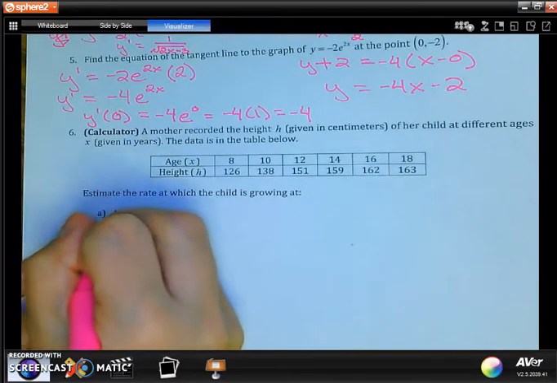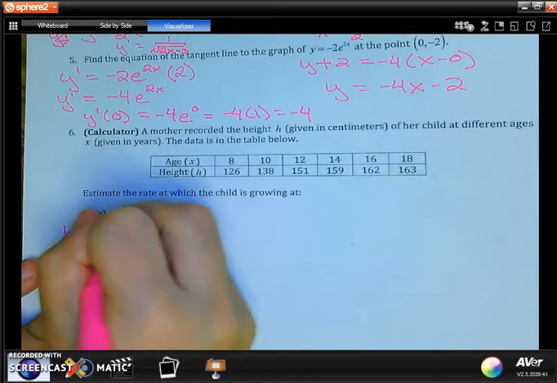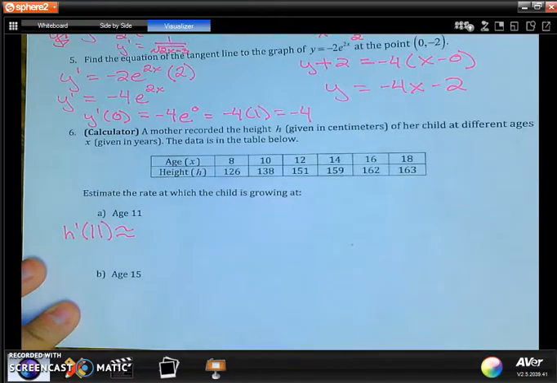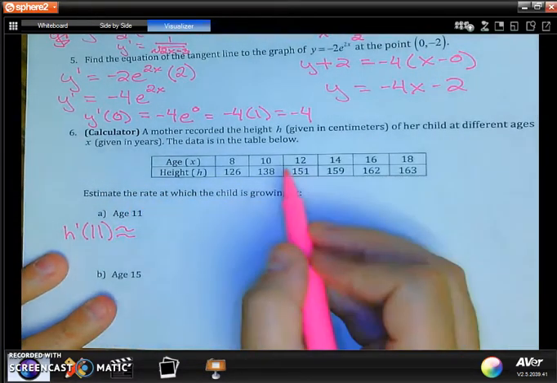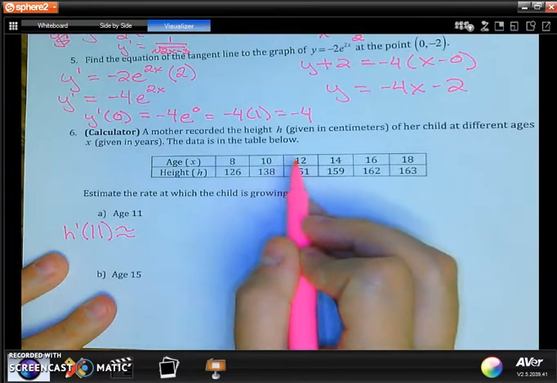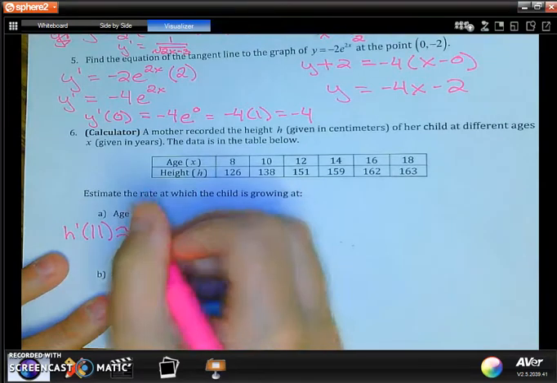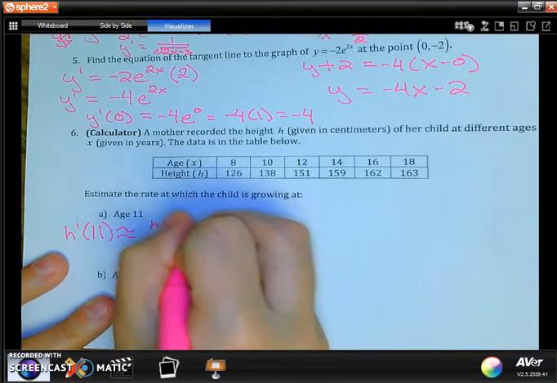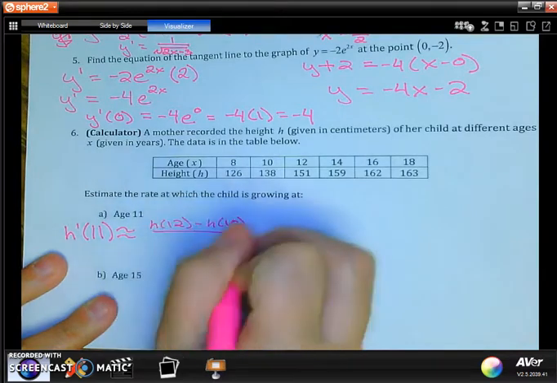So h, I'll call that h for height, right? h at 11 is approximately, this is an approximation. If you realize 11 falls right here, that means the 10 and the 12 are going to be important. So basically it's h of 12 minus h of 10 all over 12 minus 10.